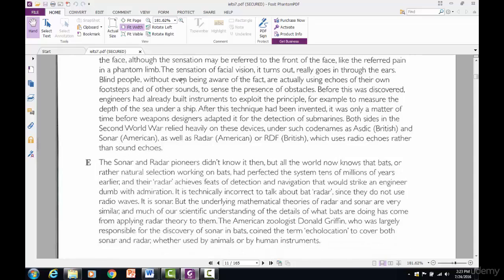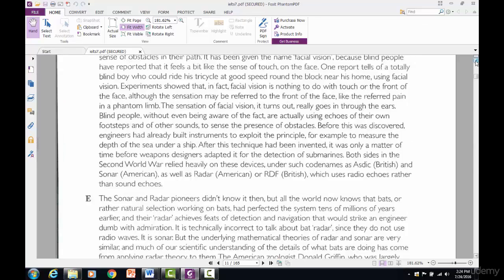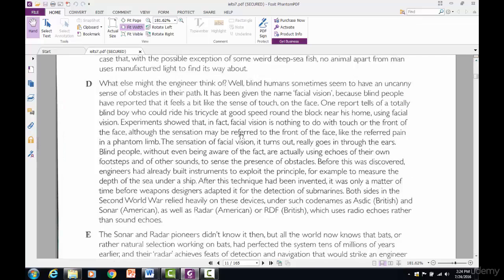I think the fill in the blank questions are coming from the next one, from the bottom also, because we have sonar, radar, bats, echolocation in paragraph E right here. So our fill the blank questions are coming from the bottom of paragraph D and paragraph E probably, and our summary question is coming from paragraph D, where it talks about facial vision.